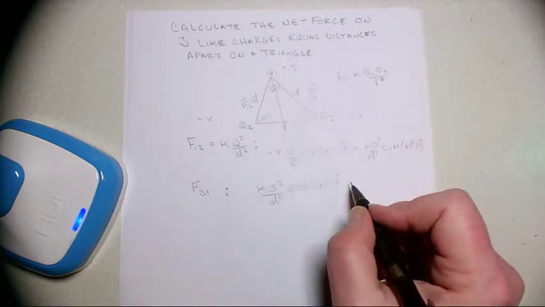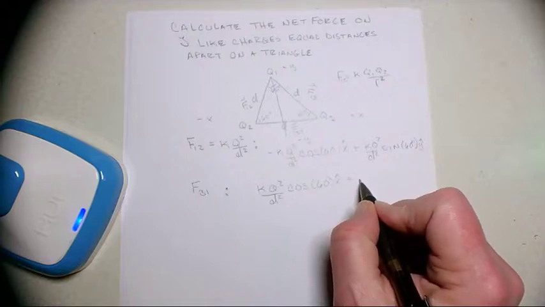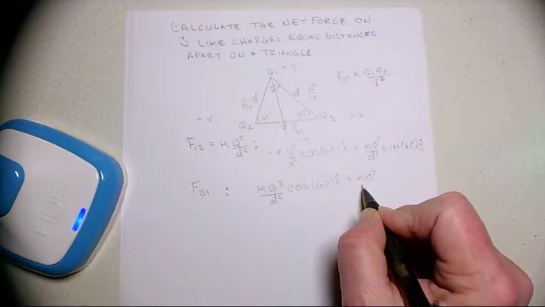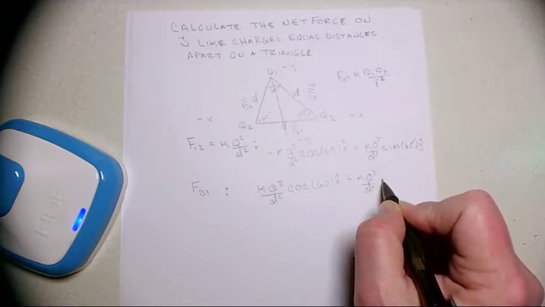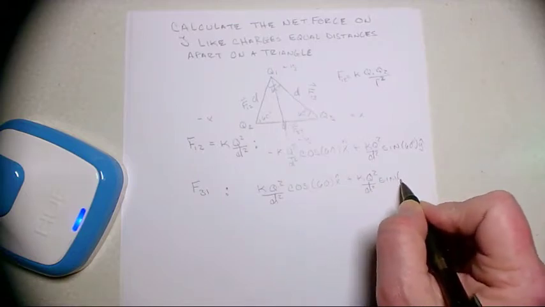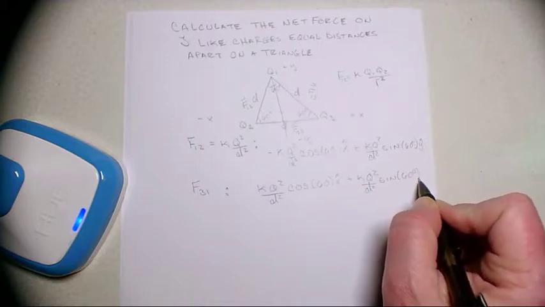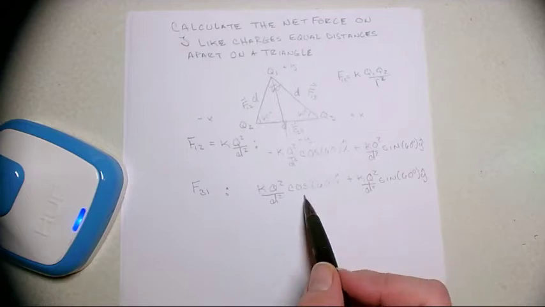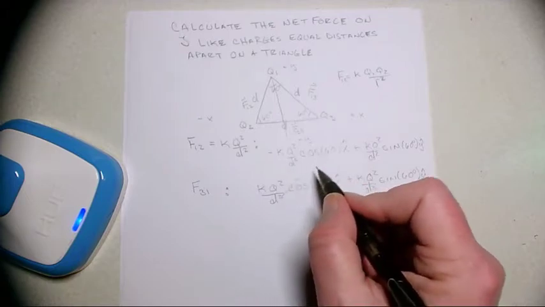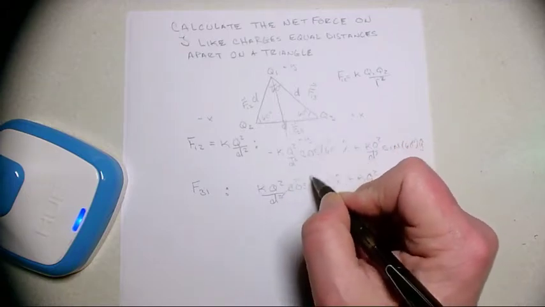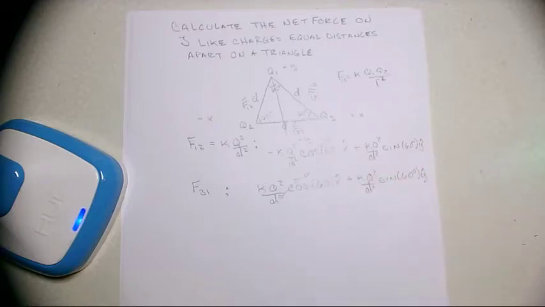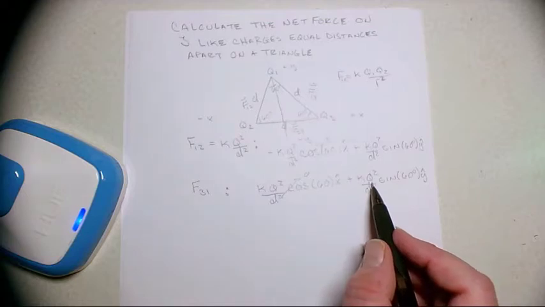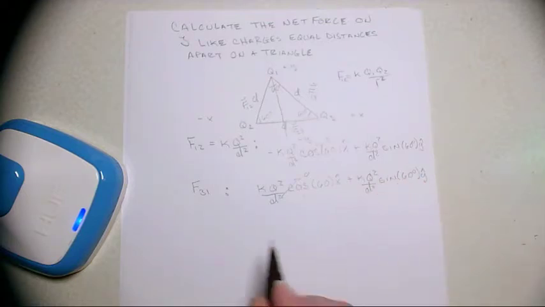And this is also positive in the y, so plus k q squared over d squared times sine of 60 degrees. Hopefully you're getting a little bit excited right now, noticing that something's going to go away. These two are equal and opposite in direction, so our x components are going to go to 0. Add them up, and they become 0. Our y components, then, are just 2 times this value.